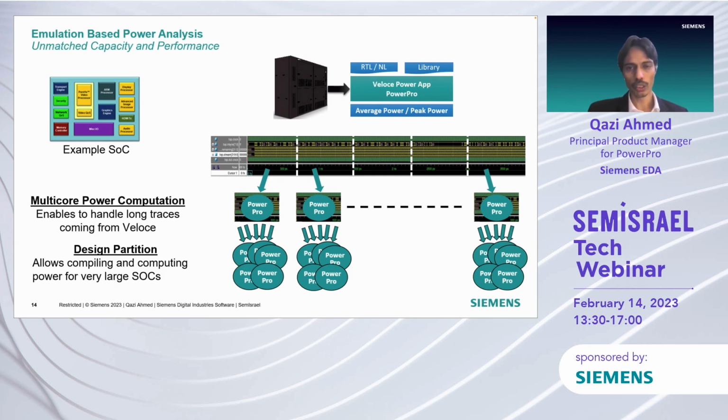And then, of course, you can allocate more CPUs for the speed up of the traces that you give. So there's a partitioning in space and time that allows PowerPro to take in the largest possible designs. And also for extremely long traces, it will compute power. We can claim very clearly that we support the maximum capacity and the best turnaround time when it comes to system level power.